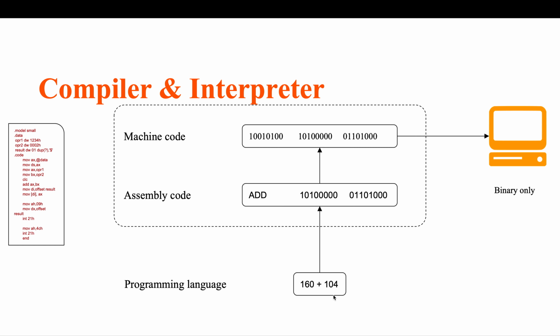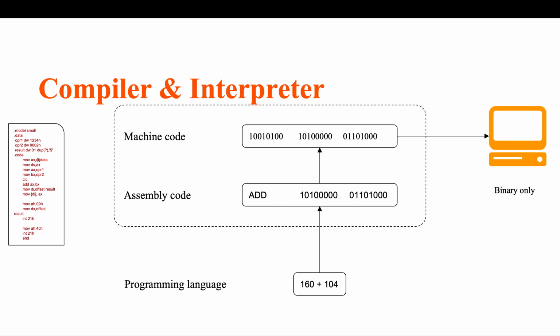So we are writing a program in R, and in order to execute that program it has to be converted into machine code, and the component which is responsible for that conversion could be a compiler or it could be an interpreter.